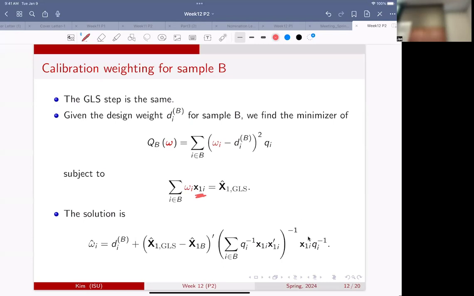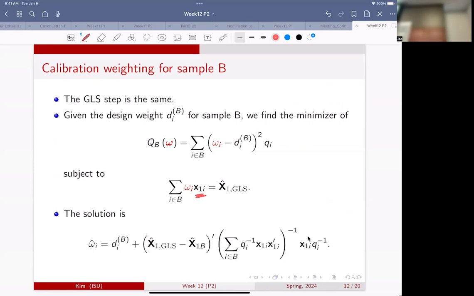Like here, y and x1 are observed in sample B, right? We are only calibrating x1 from other sources. But if other x is also observed in other samples, then we will not calibrate. Even if I add the calibration, it still matches the GLS estimator.